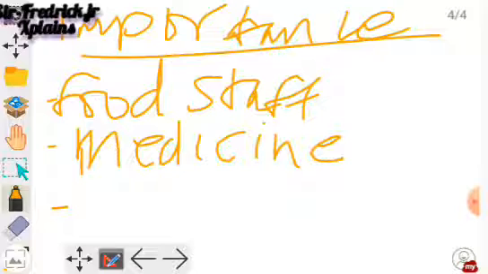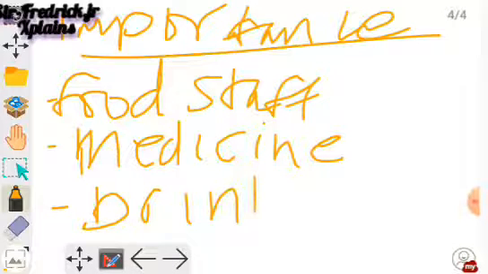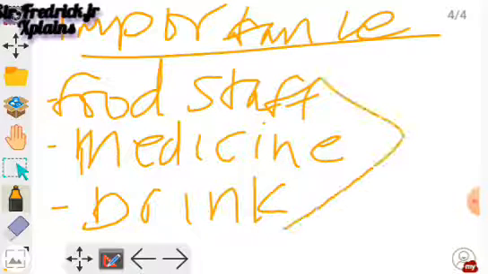Also in industry, such as the manufacture of drinks, before they release a drink for human consumption, they have to test its purity. So purity is important in foodstuffs, medicine and drinks, so that the health of animals cannot be tampered with.